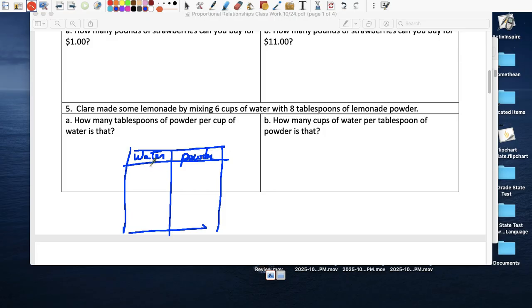It says that if I get 6 cups of water, I need 8 tablespoons of lemonade powder. So that's the relationship that's given to me. How many tablespoons of powder per cup of water? If I have 1 cup of water, how many tablespoons of powder? That's one question. And how many cups of water per tablespoon?